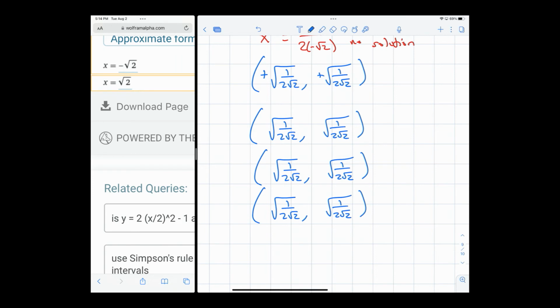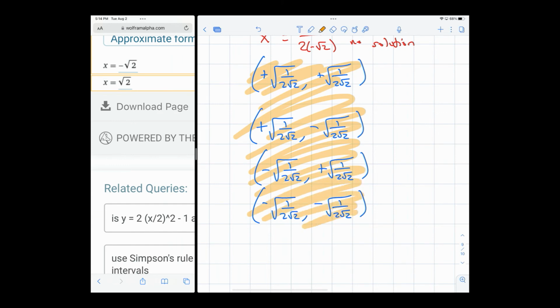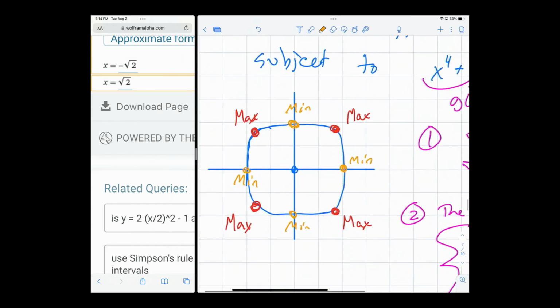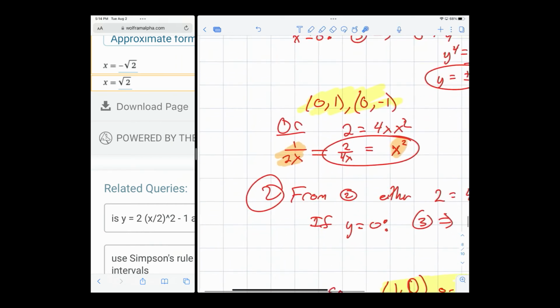Right? Because you have plus plus, plus minus, minus plus, minus minus. And these points here, which there are now 4 of, those are those corners. So we found 8 points. We found these corners, and we found these up, right, left, and down points.